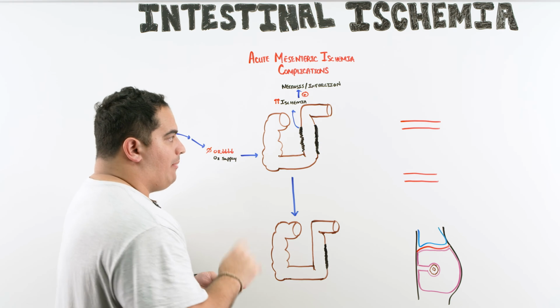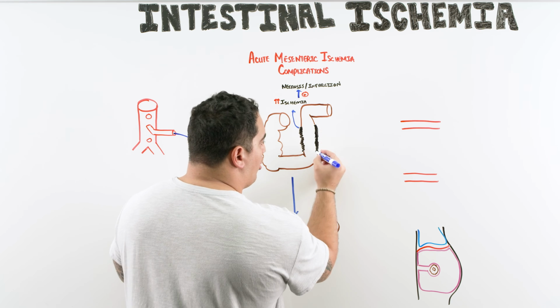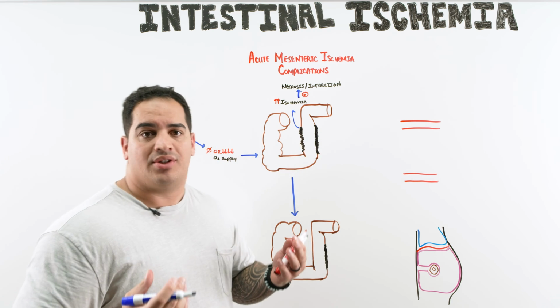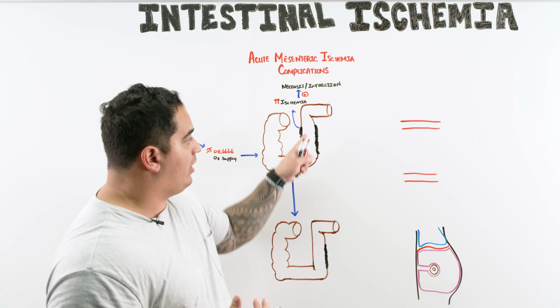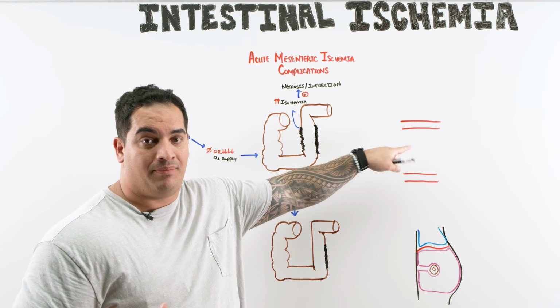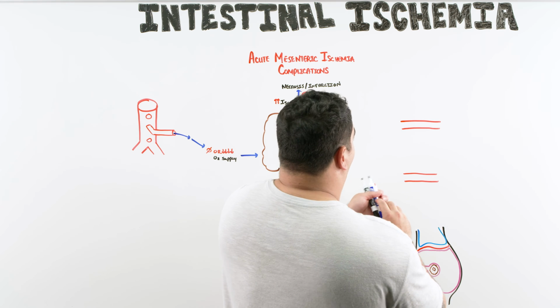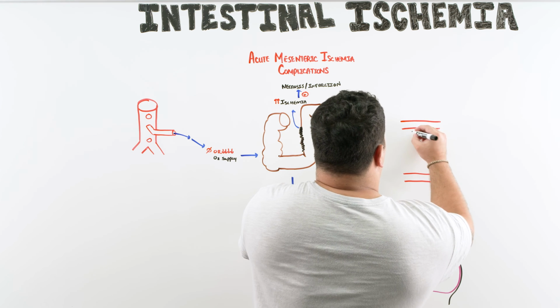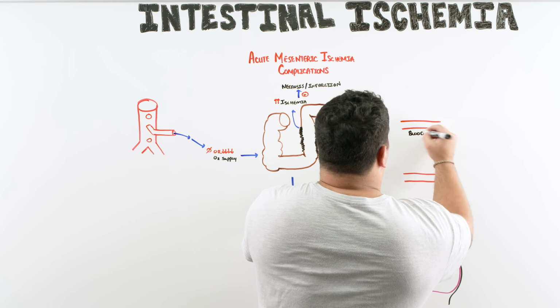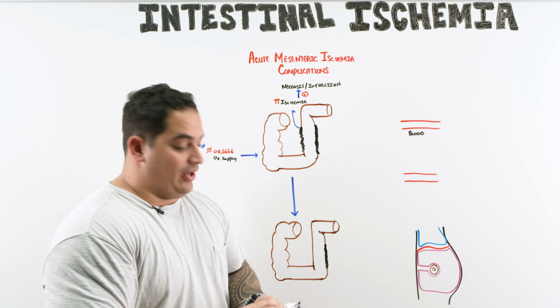When this develops, a couple different things happen. One is you lose your mucosal integrity. The mucosa is supposed to prevent things that naturally are in the bowel lumen from leaving the bowel lumen and getting into the bloodstream. So if things start coming into the blood supply because they have crossed the bowel lumen, now this is not good.